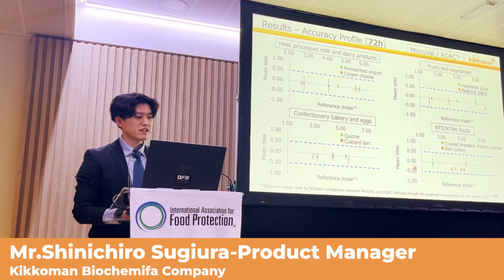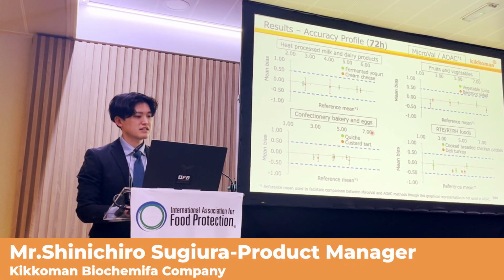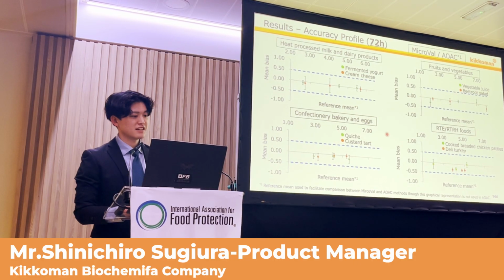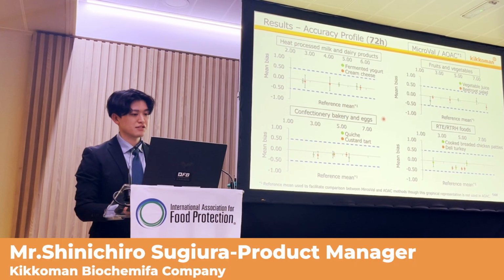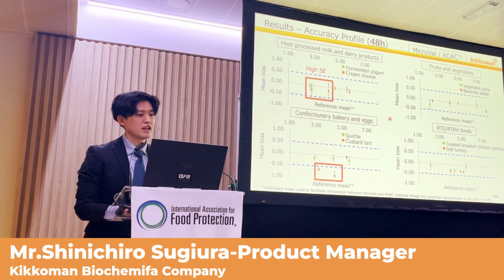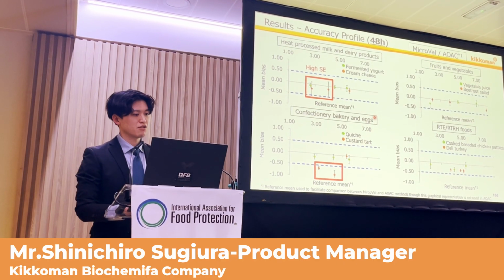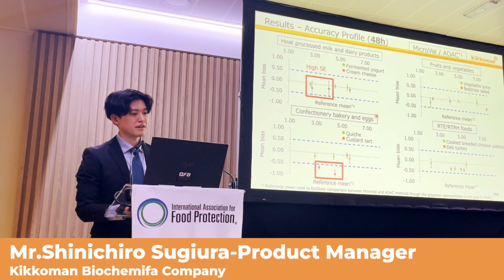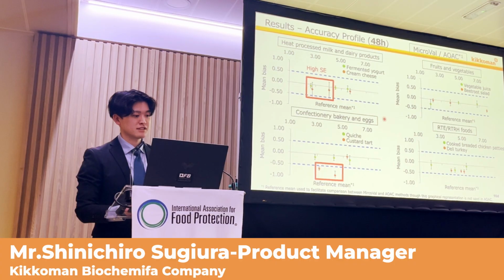And although beta ETI were omitted here, both confidence intervals and beta ETIs fell within the range of the acceptability limits for all the categories at 72 hours. And for 48 hours, for some categories or items, confidence intervals and beta ETI fell outside the range of acceptability limits.